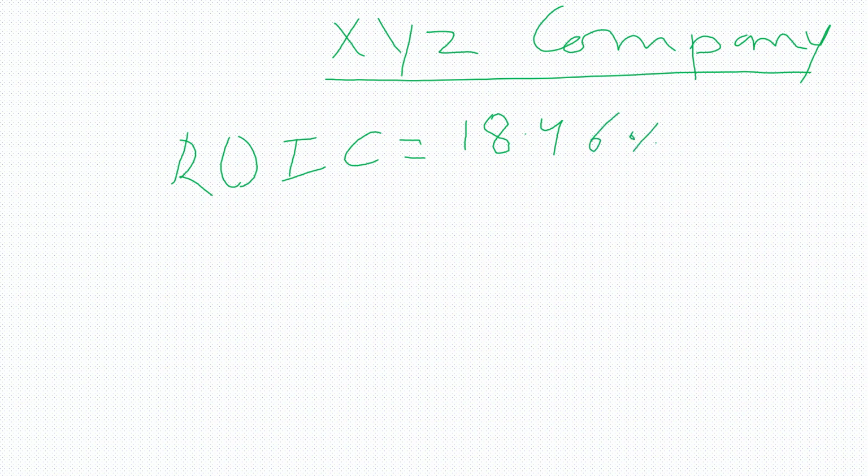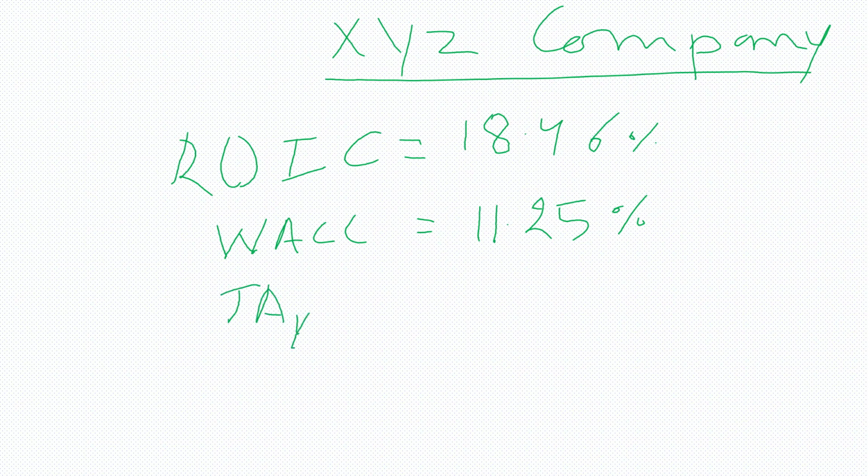The weighted average cost of capital, I haven't computed this yet in a video, but let's assume that the weighted average cost of capital is 11.25%. And the total assets for year 5, Y5, equals 244.640 billion.